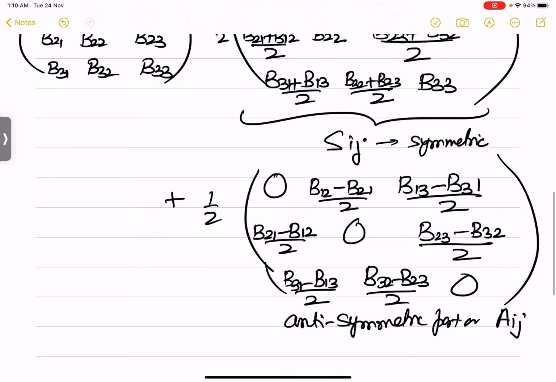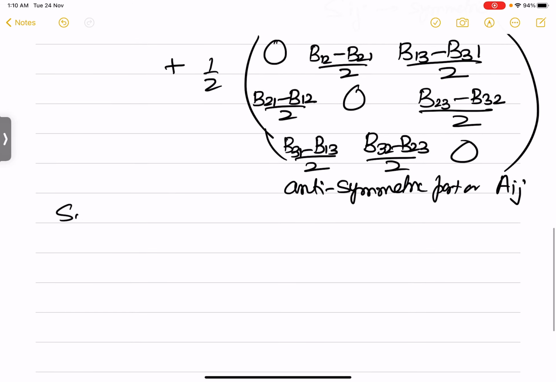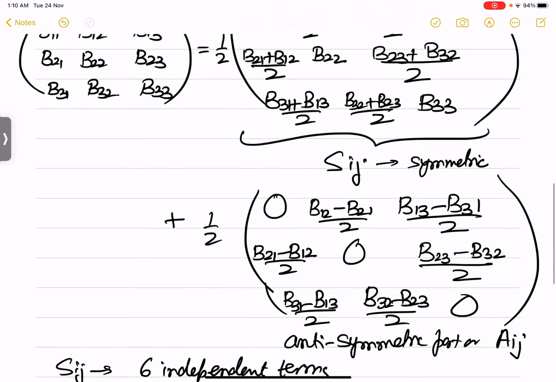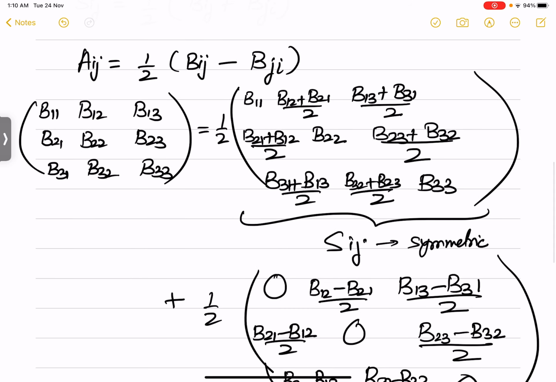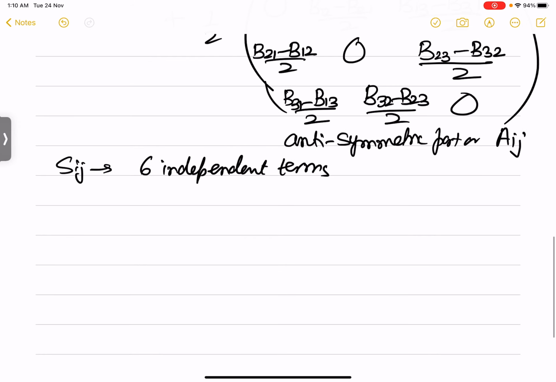Now notice in Sij there are 6 independent terms. Why are the terms 6? Because the off-diagonal terms are all equal. So 3 diagonal terms and 3 off-diagonal terms, and the other 3 are the same. And in Aij, we have only 3 independent terms.